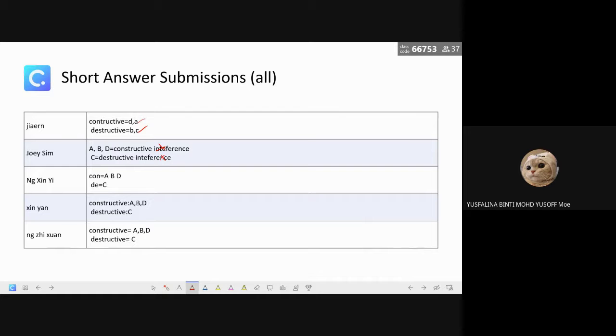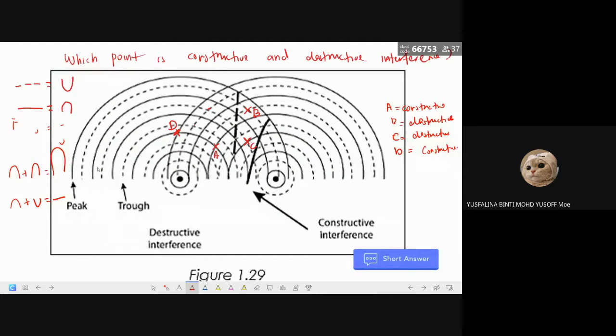This one is wrong. Why did so many say D is? D is constructive, right? Crest meets with the crest.